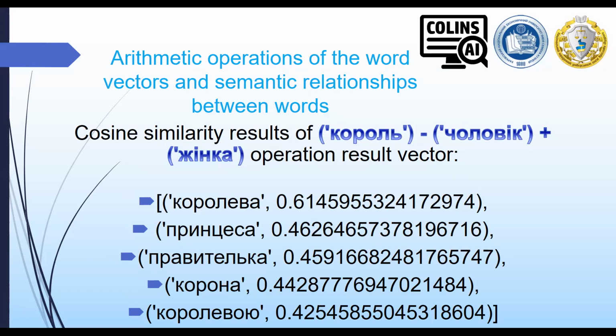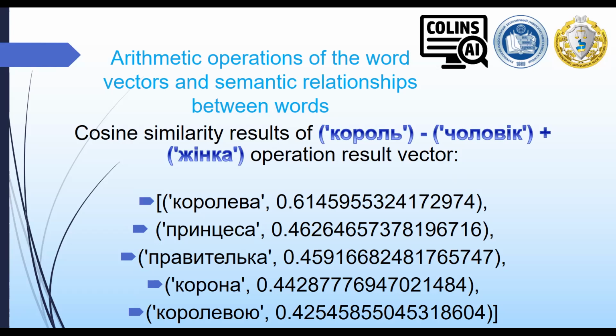The first 5 word vectors with the closest cosine similarity to the result vector of the operation Korol minus Cholovik plus Zhinka are shown. The process and result vectors are compatible with the semantic relationships of the words they belong to.